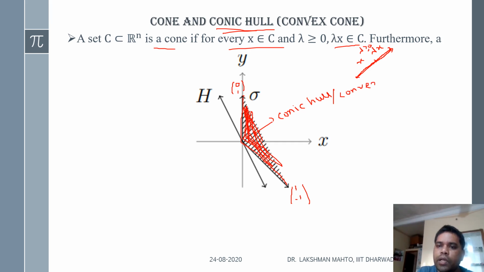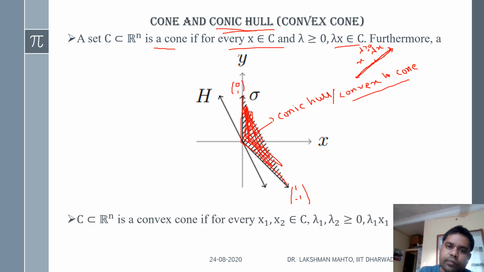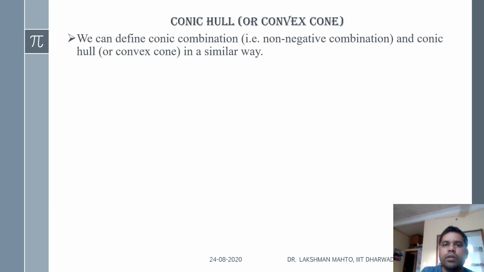Convex cone is the more suitable word, because later I have taken one more example. There I will discuss how to transform a convex cone into a polyhedral cone. Polyhedral means you always deal with a system of linear inequalities or equalities.